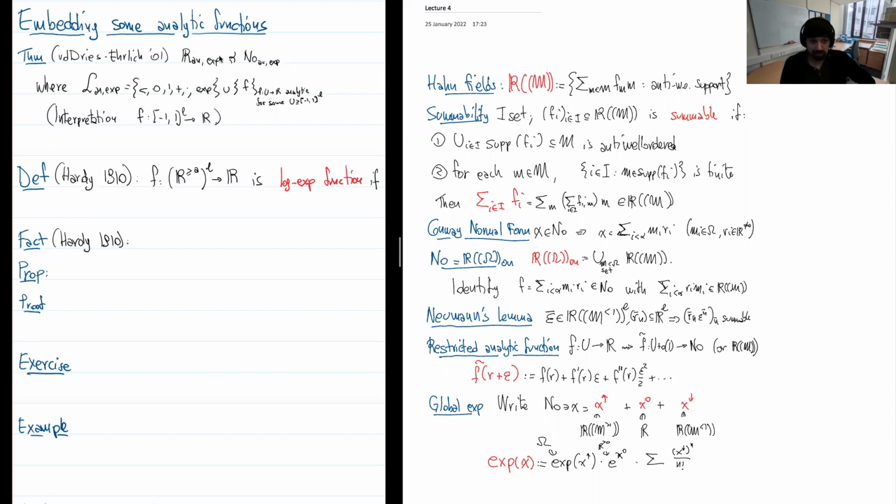You also add the global exponentiation. You do the same on the surreals, extending analytic functions using the Taylor series and summability, and you get an elementary extension. So you get a structure that satisfies the same first-order formulas.